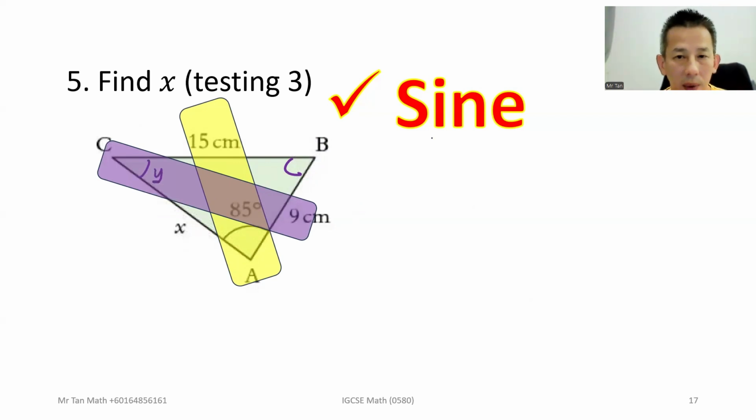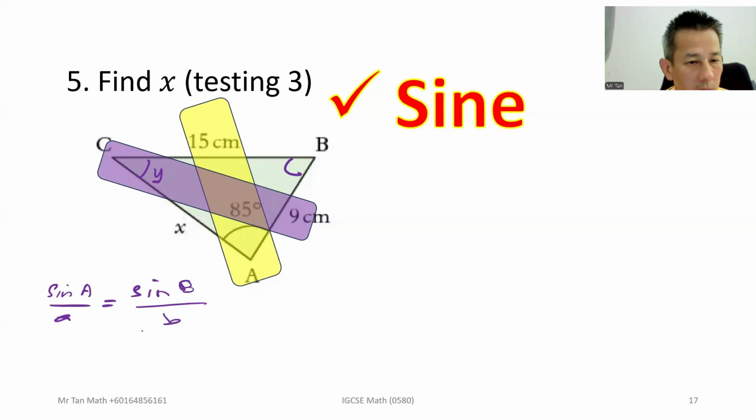So to find angle y, I just use a shortcut. You can use sin A over a equal to sin B over b.